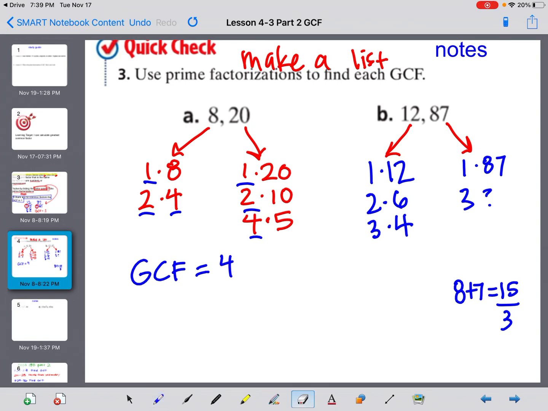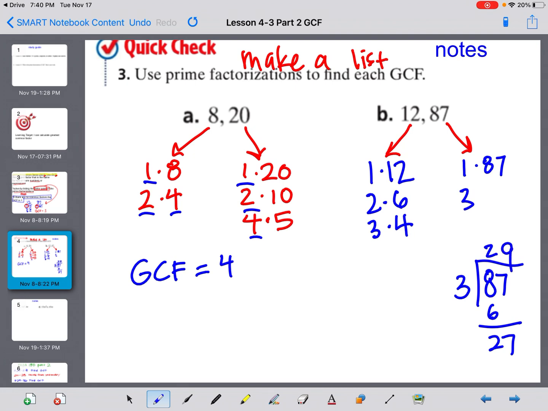If you can divide 15 by 3, then you can divide 87 by 3. So 3 and... oh, side problem it is. Three and 29.